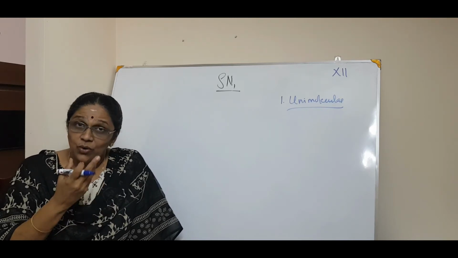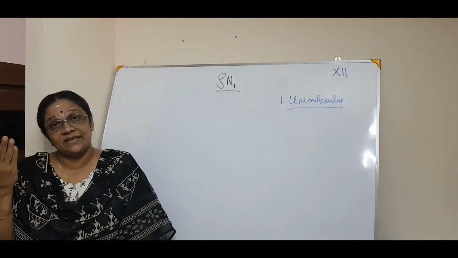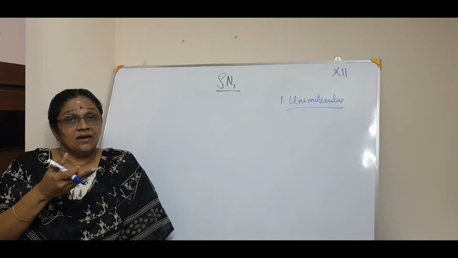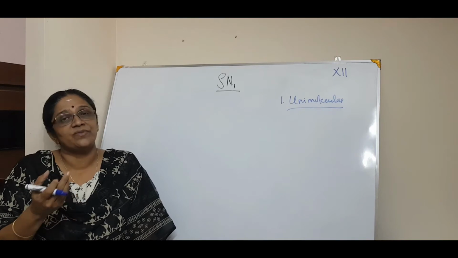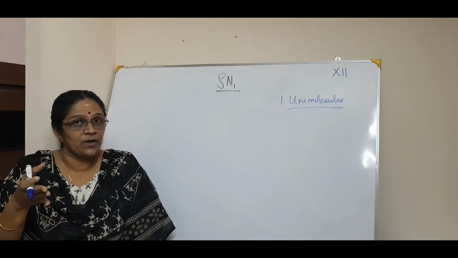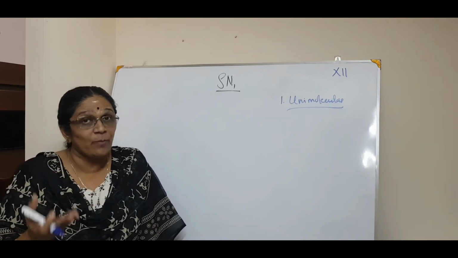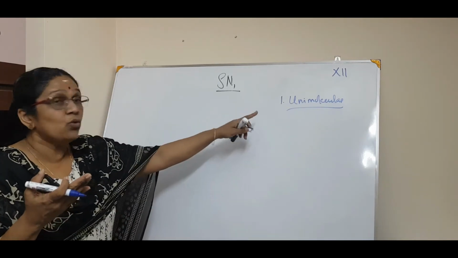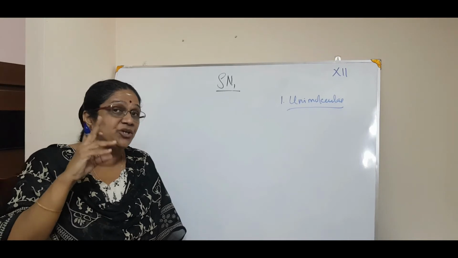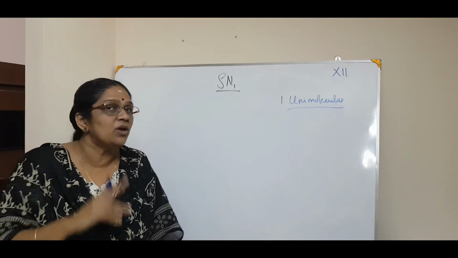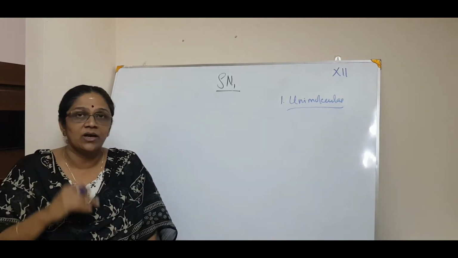We have studied in kinetics: unimolecular, bimolecular, termolecular and tetramolecular, most of which stop with the trimolecular, along with elementary reactions and complex reactions. So unimolecular means the rate of the reaction depends only on one molecule.